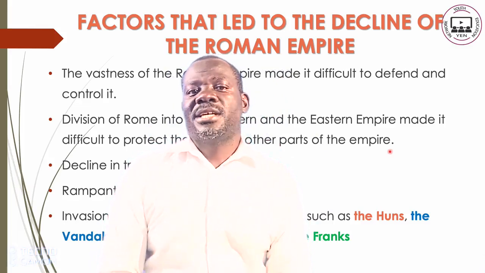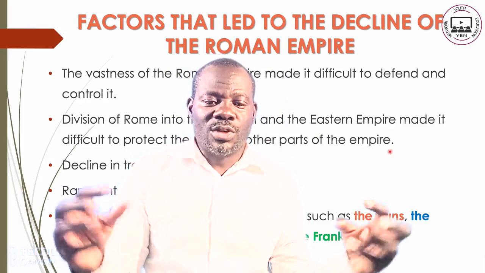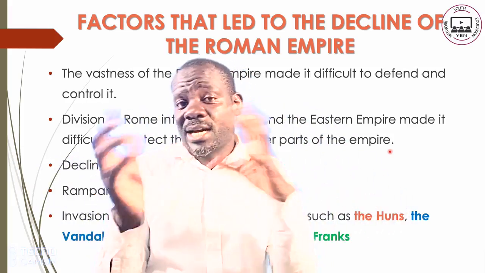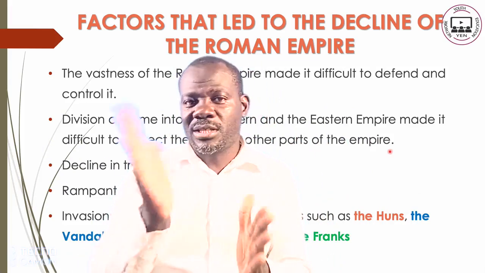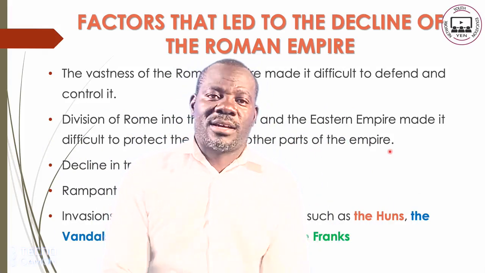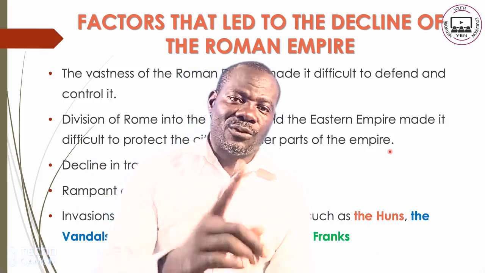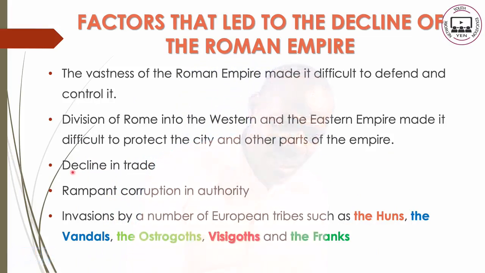As a result, it was very difficult to control or protect other parts of the empire. So it was divided into East and West. It was that reason again that led to the decline of the Roman civilization. Let us look at another factor, which is the decline in trade.